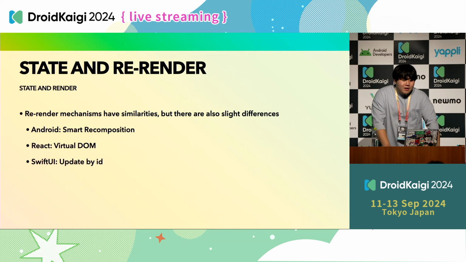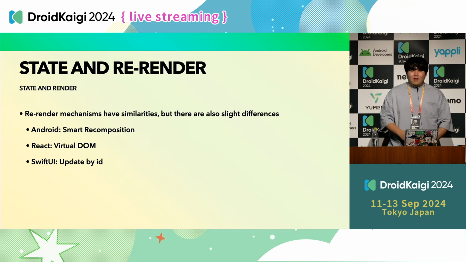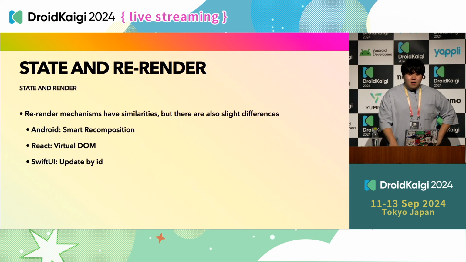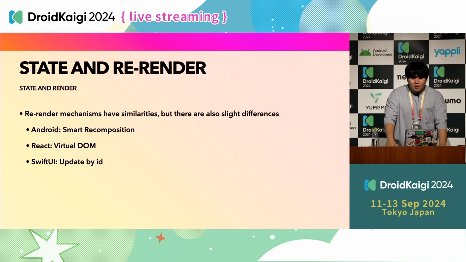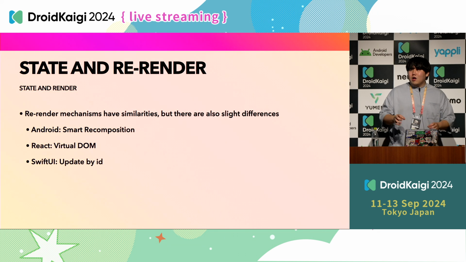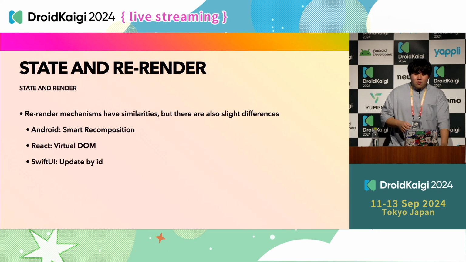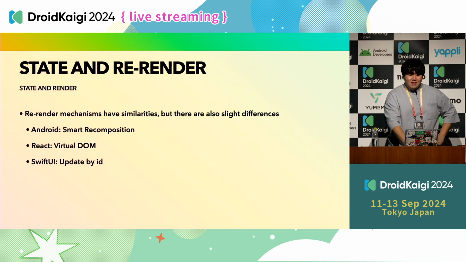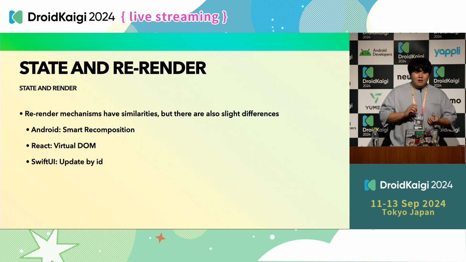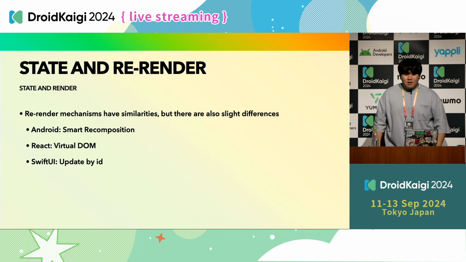While the re-rendering mechanisms across different operating systems share similarities, there are subtle differences. For example, Jetpack Compose uses a process known as smart recomposition, which allows only the necessary parts of the screen to be redrawn as needed. This concept is somewhat similar to React's virtual DOM.